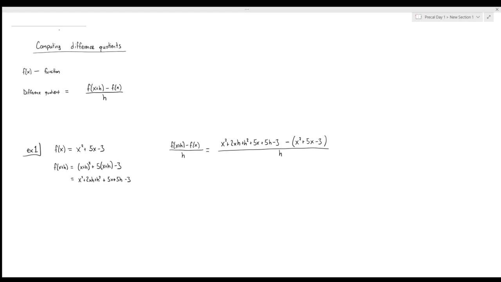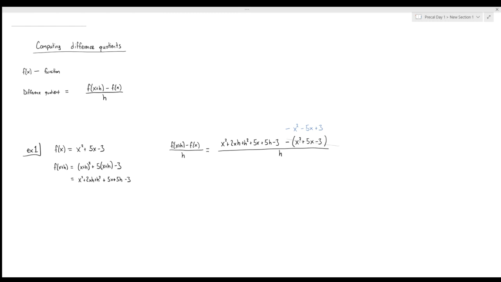So in the numerator, we'll go ahead and distribute this minus sign into the parentheses. So if we do that, that will give us minus x squared minus 5x and then plus 3, okay?